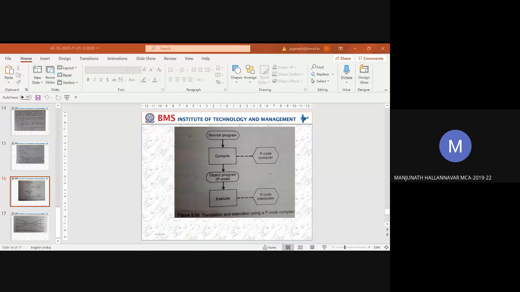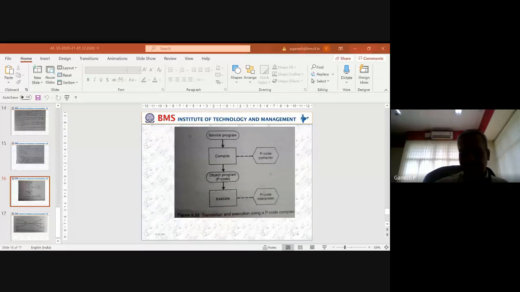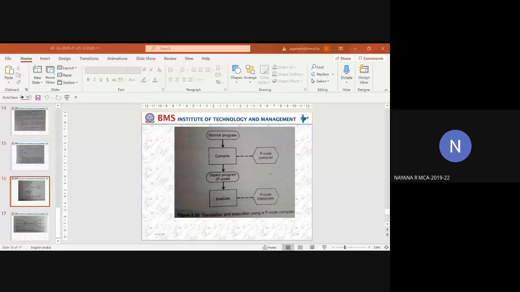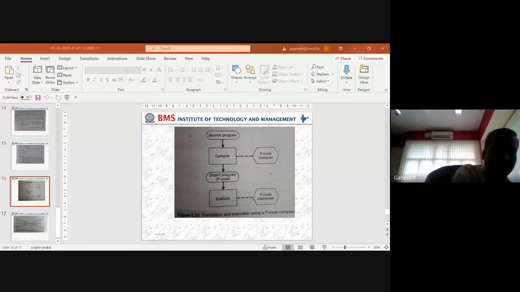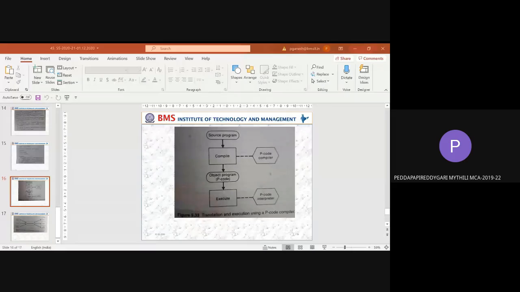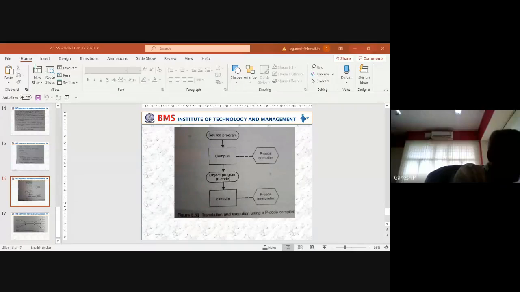Manjunath, Yes, sir. Present, sir. Pavitra, Present, sir. Maithili, Present, sir. Priyanka, Present, sir.